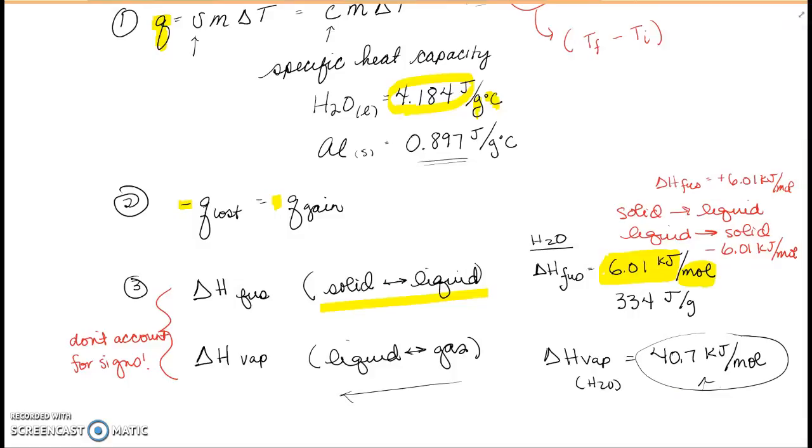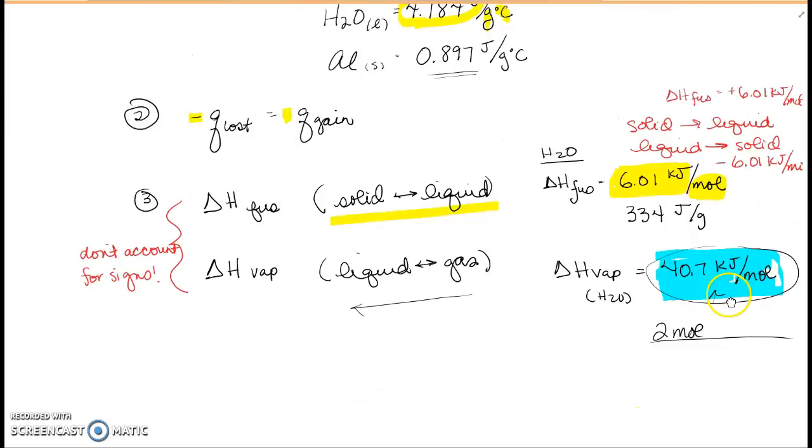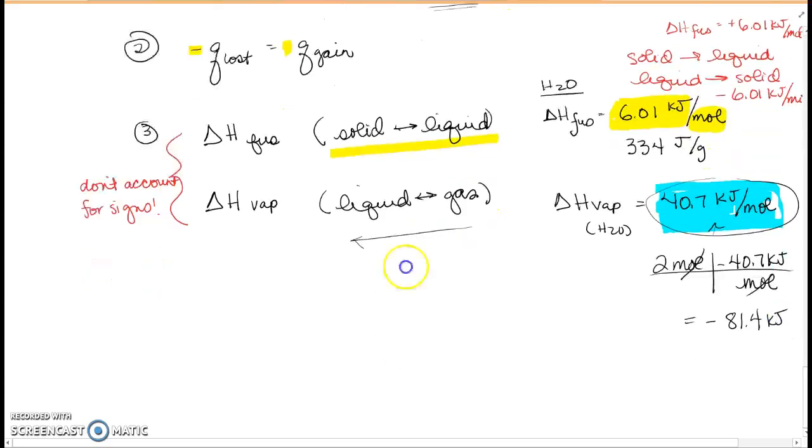How these numbers would get used is if I know that I've got 2 moles of water that are condensing, then I can take my 2 moles of water, and if it's condensing, that's energy given off. The negative 40.7 kilojoules of energy will be given off per mole, and moles cancel, and I get negative 81.4 kilojoules being given off. So that would be a way that you could use that.